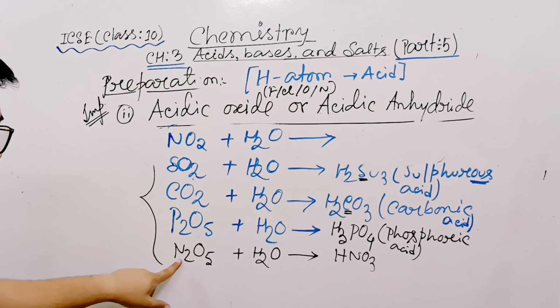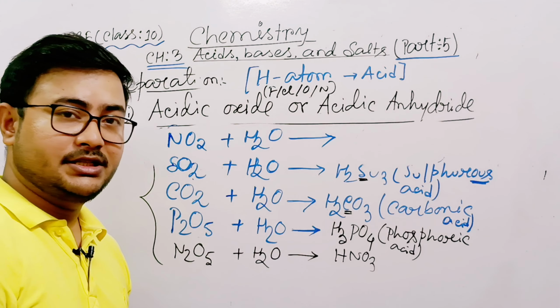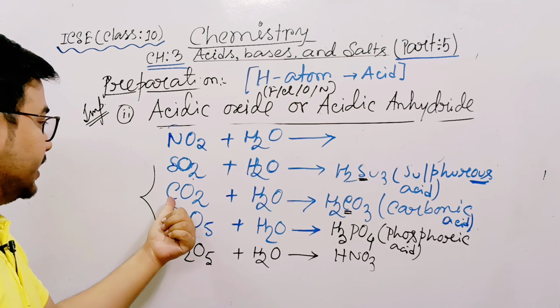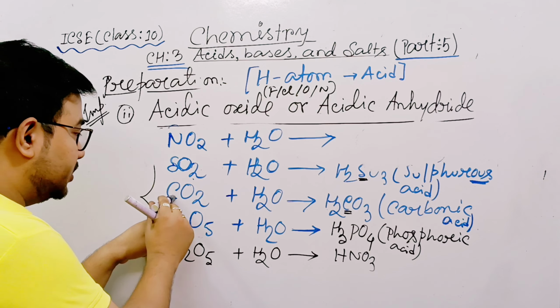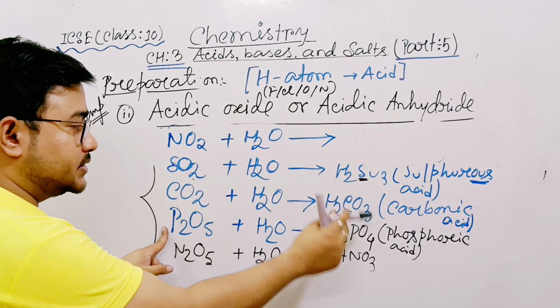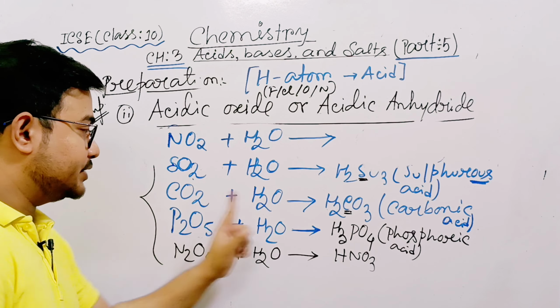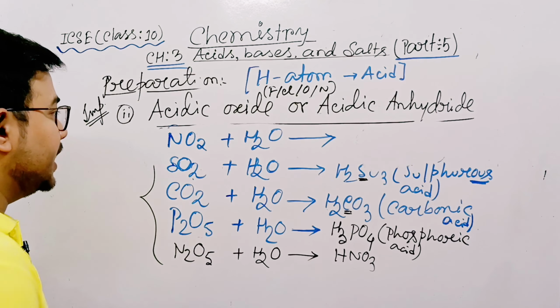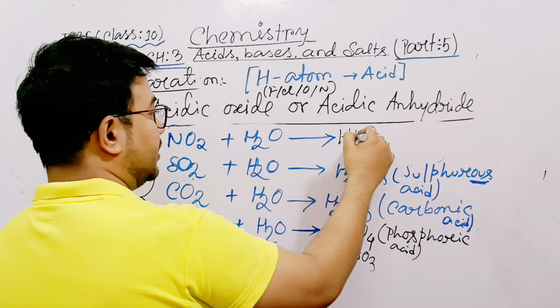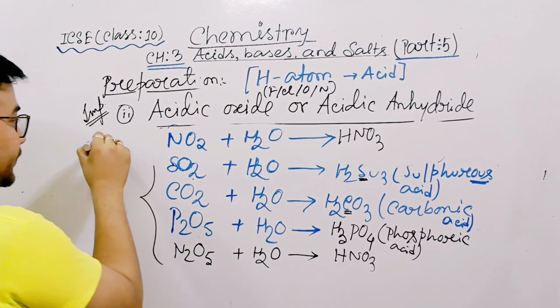Already done. N means nitric acid. So see, when CO2, carbon contains carbonic acid, phosphorus contains phosphoric acid, nitrogen contains nitric acid. So here also nitric acid, no problem. Yes, obviously there is a problem.